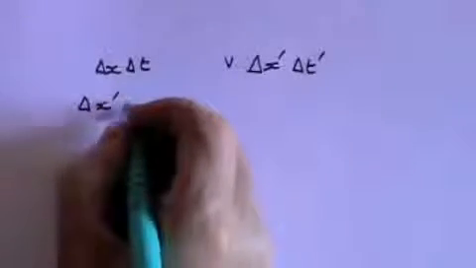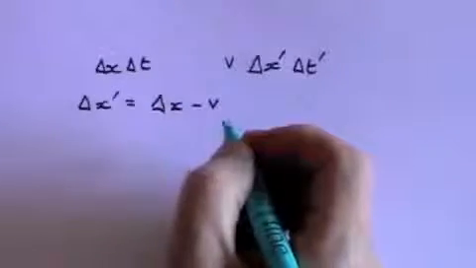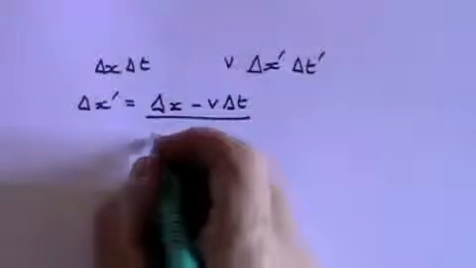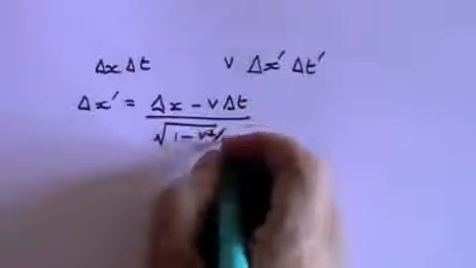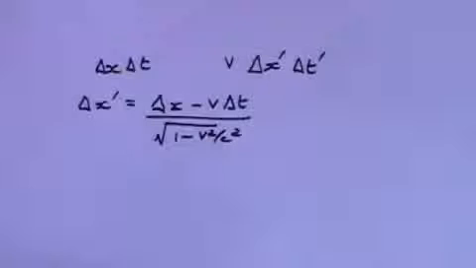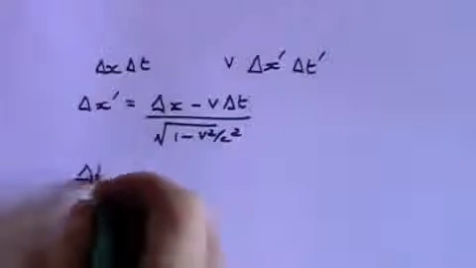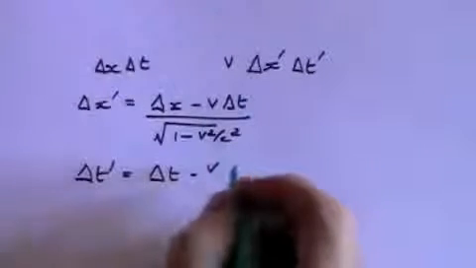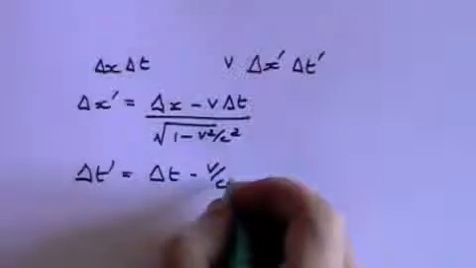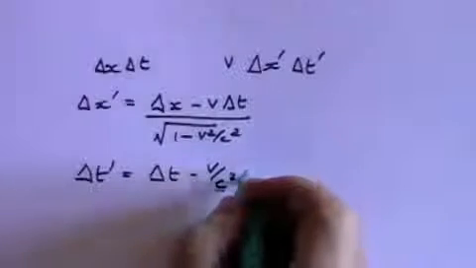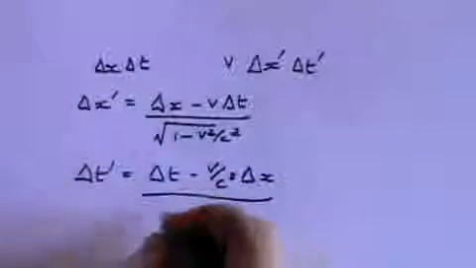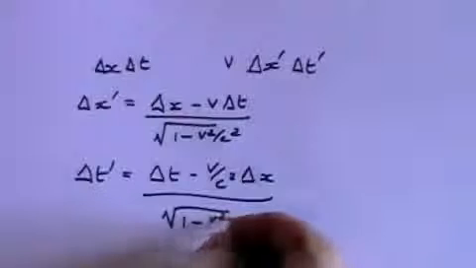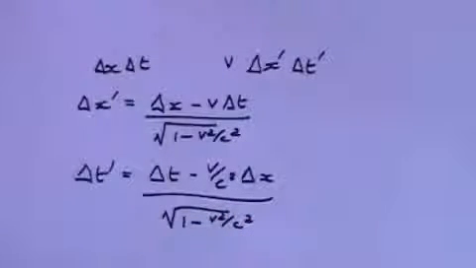Delta x prime is equal to delta x minus v, which is the speed of the other observer, times delta t, divided by the square root of 1 minus v squared over c squared. And delta t prime is equal to delta t minus v, the speed of the other observer, divided by c squared, the speed of light, times delta x, divided by the square root of 1 minus v squared over c squared.